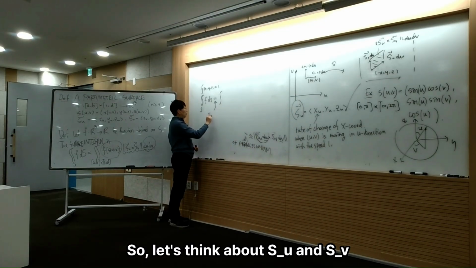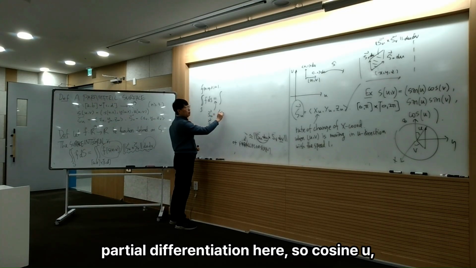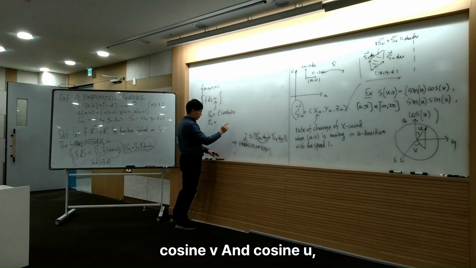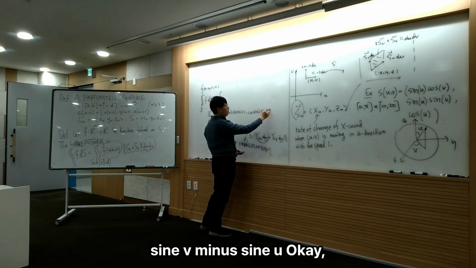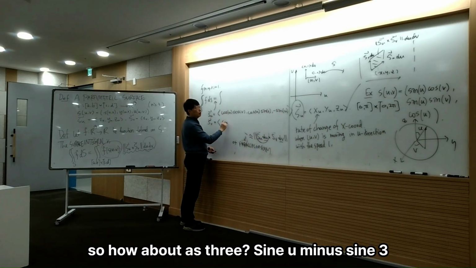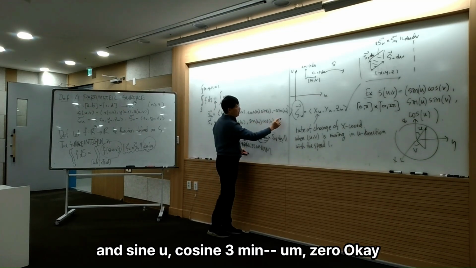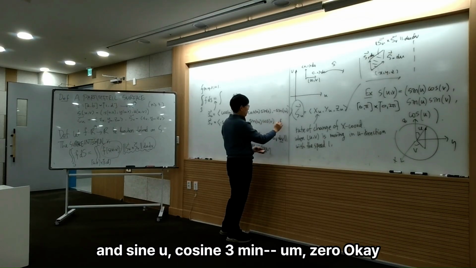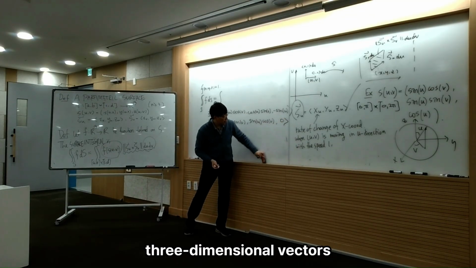So let's think about S_u and S_v. What is S_u? Let's take the partial differentiation here. So cosine u cosine v, cosine u sine v, minus sine u. Okay, how about S_v? Minus sine u sine v, sine u cosine v, and 0. Okay, so let's take a cross product of these three-dimensional vectors.